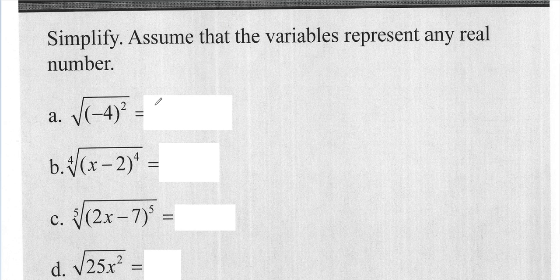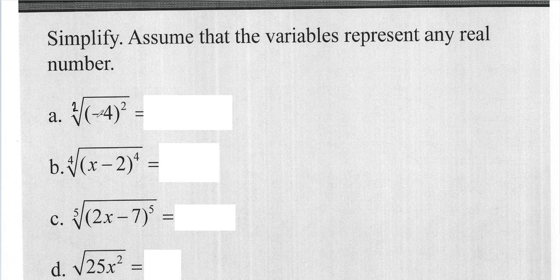How about that? All right, here's the square root symbol, the radical sign, and notice the index isn't there. So when it's not there, we are to know that it's really 2, because this is the square root. And they want to know what the square root of negative 4 to the second power is. Well, notice that the exponent on the inside of the radical is equal to the index number.